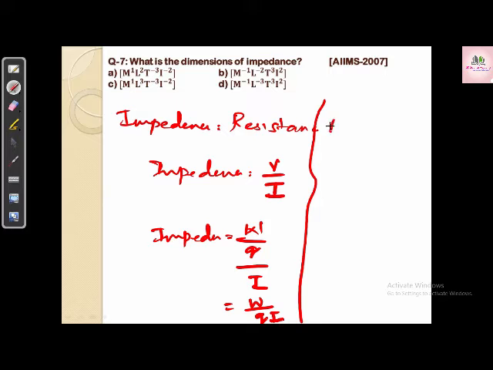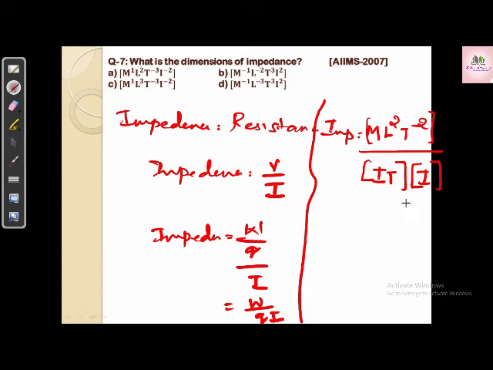Then impedance becomes W, that is the work done, having the dimension M L square T raised to minus 2, divided by Q, that is nothing but the charge, having the dimension I into T, into the dimension of the electric current, that is taken as I. Simplify this.